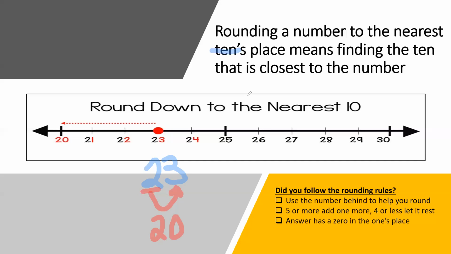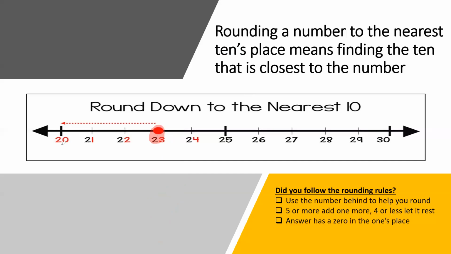So there's another way to explain this. Let's look at the number line. The number they're looking at is 23. This is the number they're trying to round. And they're trying to figure out if 23 should be rounded to 20 or to 30. And again, the reason we use 20 or 30 is because your answer has to have a 0 in the ones place.